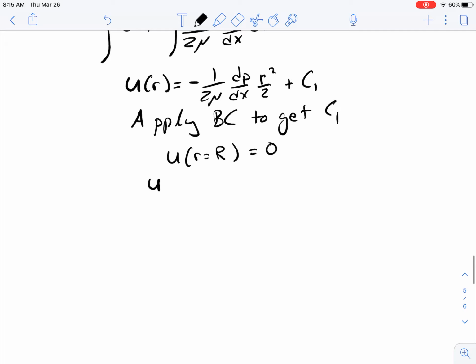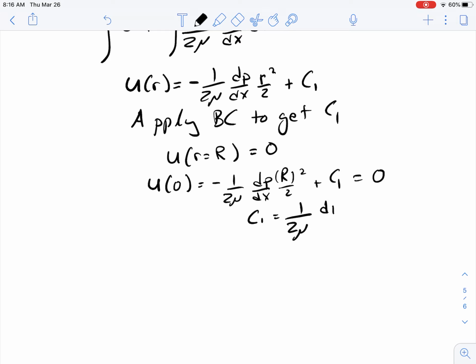So we can substitute that in as u of R is equal to minus 1 over 2 mu dP/dx times R squared over 2 plus C1, and that all is equal to 0. We're not evaluating it at 0, we're evaluating it at capital R. So then C1 is equal to 1 over 2 mu dP/dx times R squared over 2.